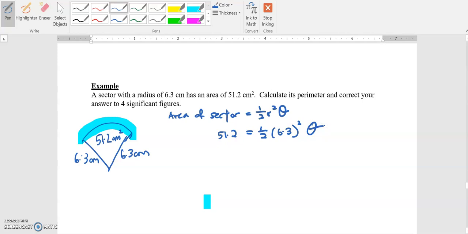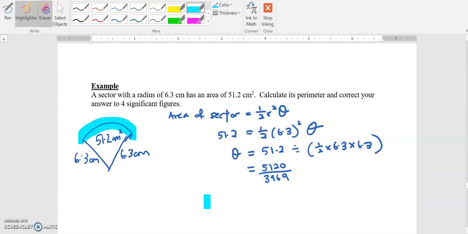So my theta is 51.2 divided by half times 6.3 times 6.3. And this will give me my angle, in exact terms, 5120 over 3969. Looks absurd, huh? But this is the exact value, so I'm just going to leave it as it is first since it's not my final answer anyway.